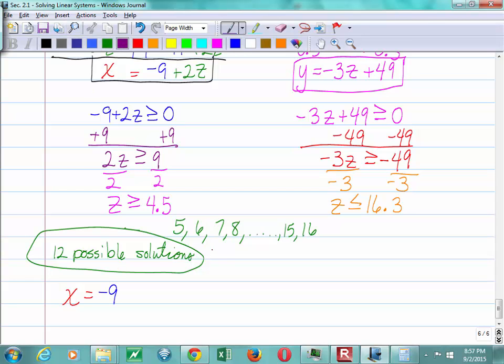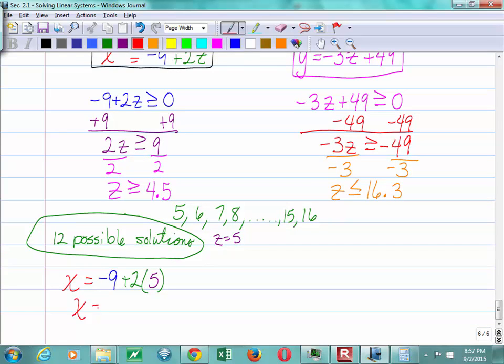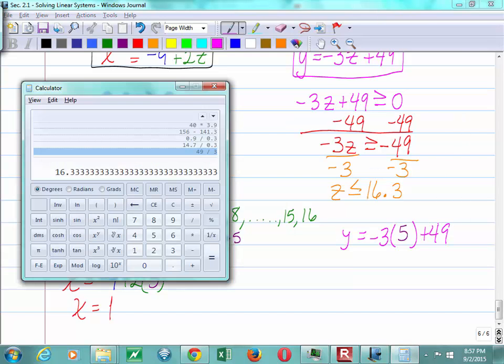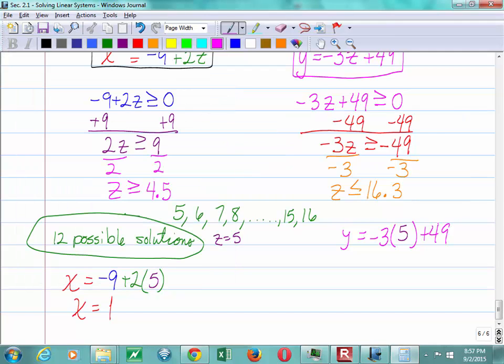So we're letting z equals 5 because that's the smallest value that it can be. x equals negative 9 plus 2 times 5, so that would give me x is equal to 1. And then y equals negative 3 times 5 plus 49. So that would be 49 minus 15 would be 34.